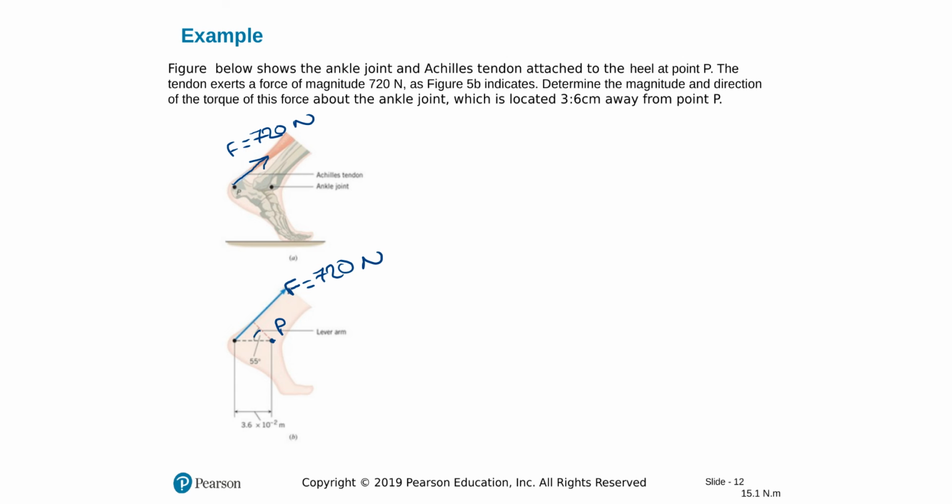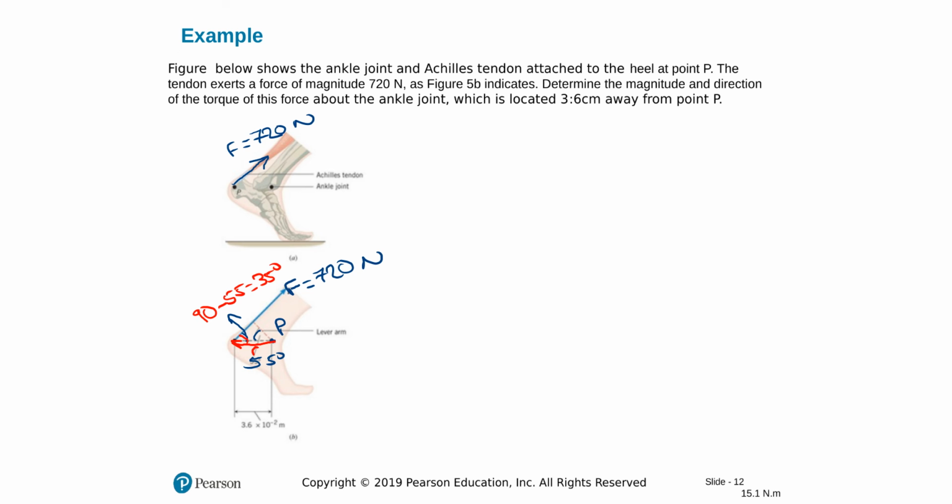This angle here is given as 55 degrees, but we're looking for this angle with respect to the distance from the pivot. Actually, the angle between the distance from the pivot, R, and the force here, and that will be 90 minus 55, that would be 35.